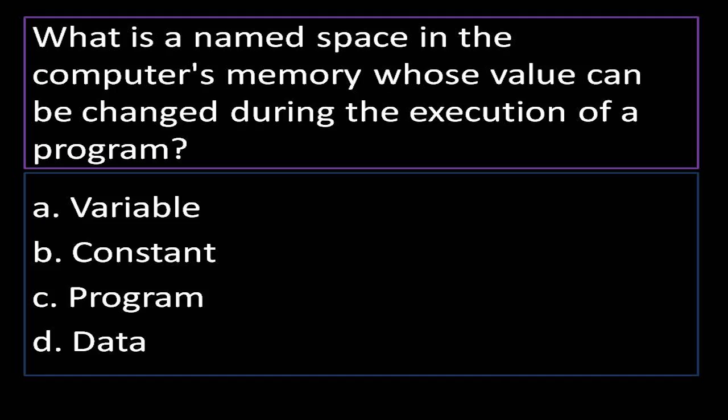What is the named space in the computer's memory whose value can be changed during the execution of a program? Option A variable, option B constant, option C program, option D data. And the right answer is option A variable.